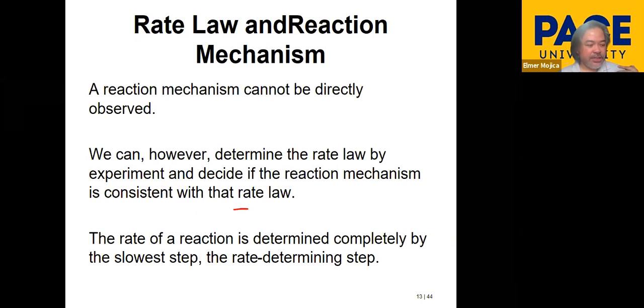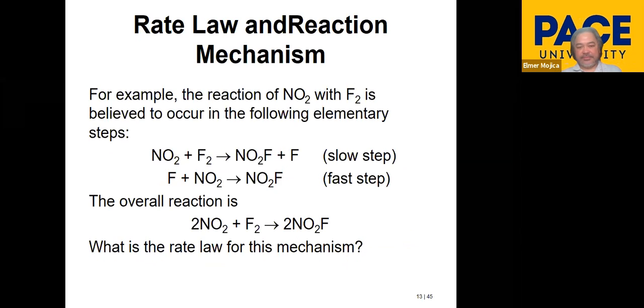Okay? So, how we look at this rate law and reaction mechanism. For instance, you have a reaction of NO2 with F2. And these are the following elementary steps. Okay? So if you follow this, the sum of your elementary steps, that's your overall reaction.